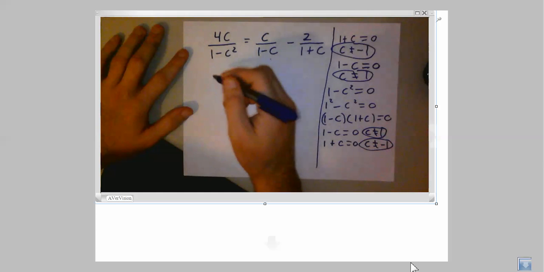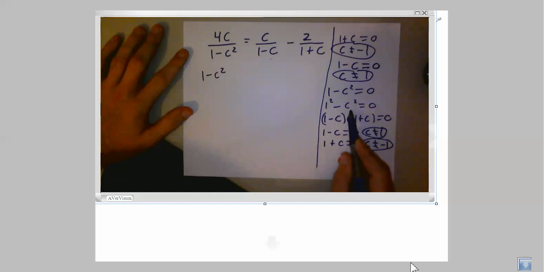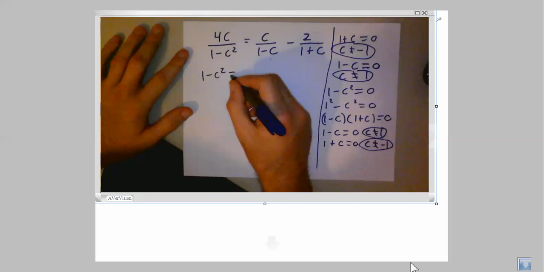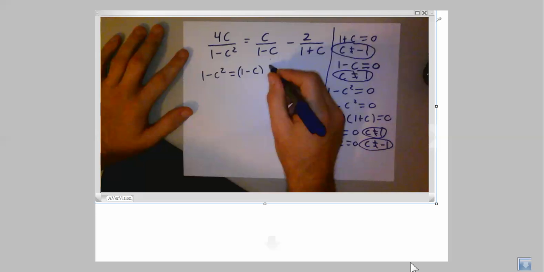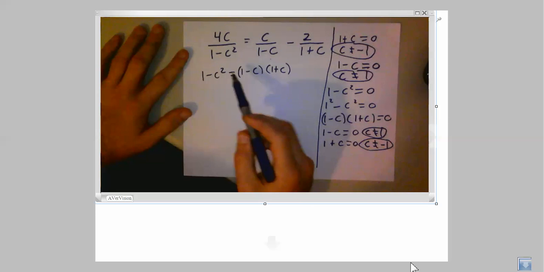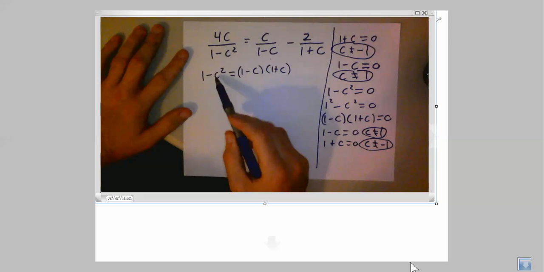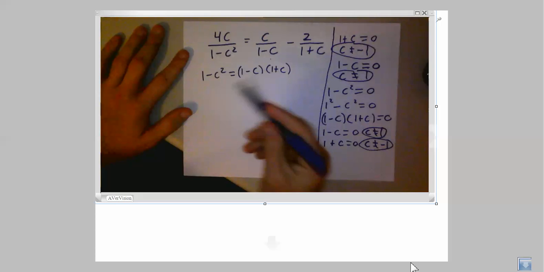In this case, we're going to note that 1 minus C squared, as we noted below, is equal to 1 minus C times 1 plus C. Now that tells us that 1 minus C squared is divisible by each of our denominators because all of our denominators are factors of it.